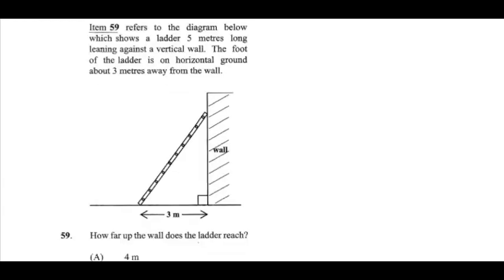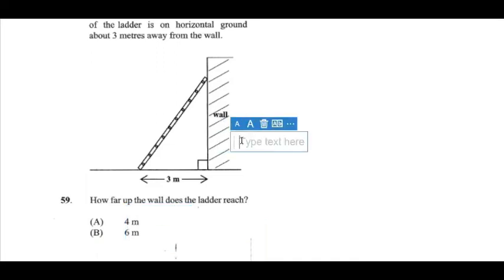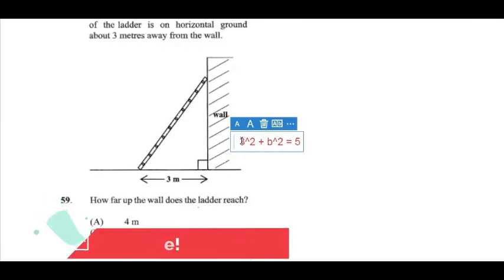So we're just going to use our little formula of a square plus b square is equal to c square. So in this case, it would be 3 square plus b square, which is what we're trying to find, equal to c square, and c square is the hypotenuse of 5 meters, which is the length of the ladder.